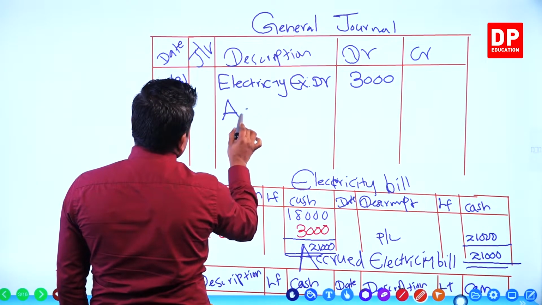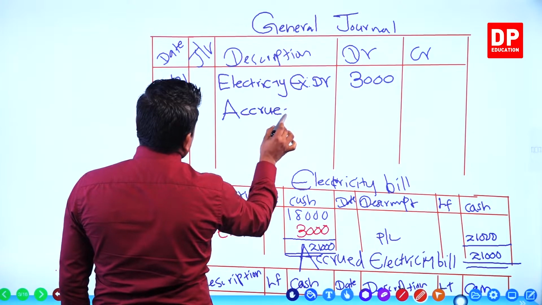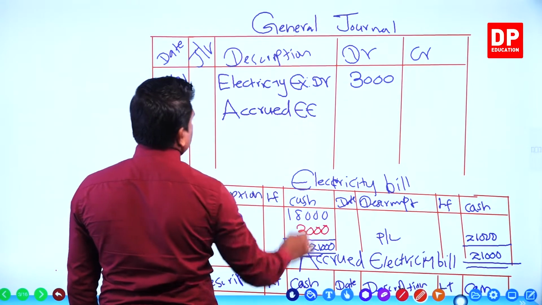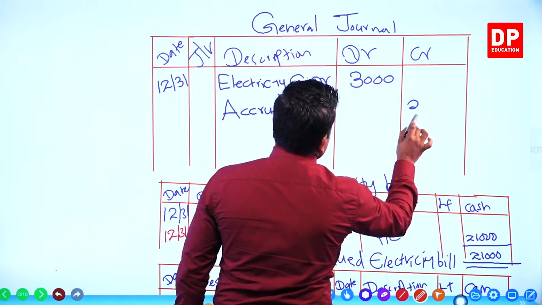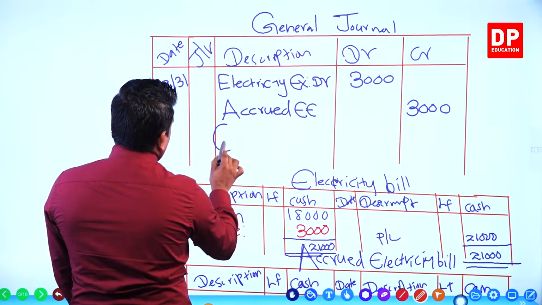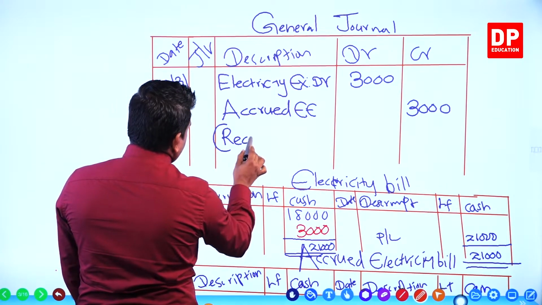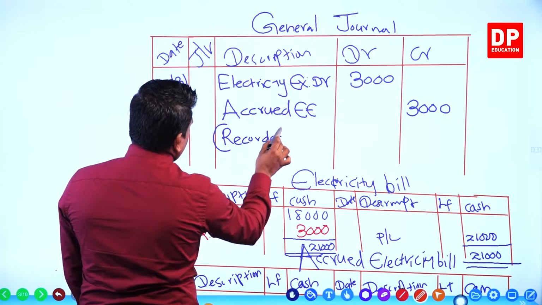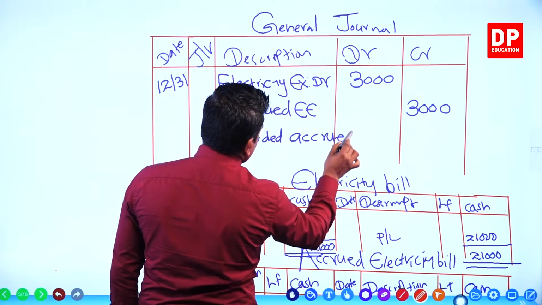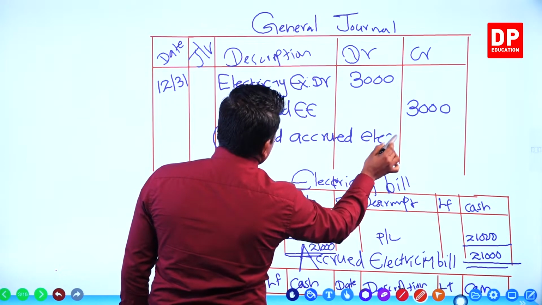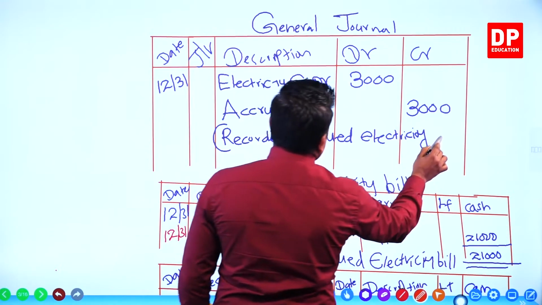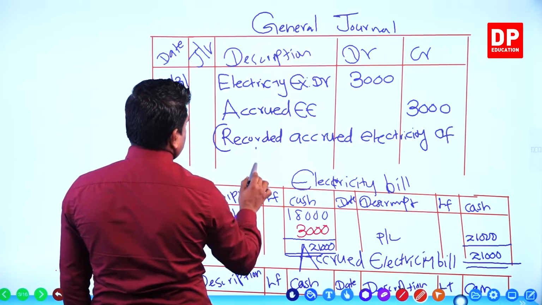Accrued electricity expense account credit 3,000. You give the narration, recording of, if not recorded, accrued electricity of 3,000.